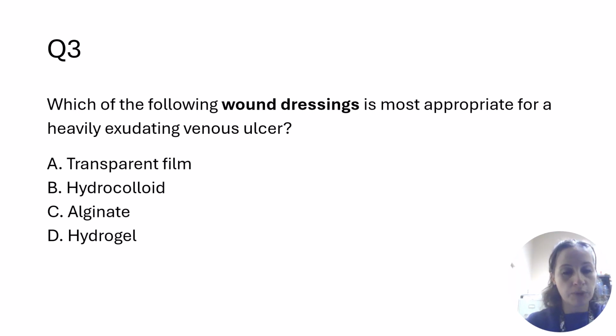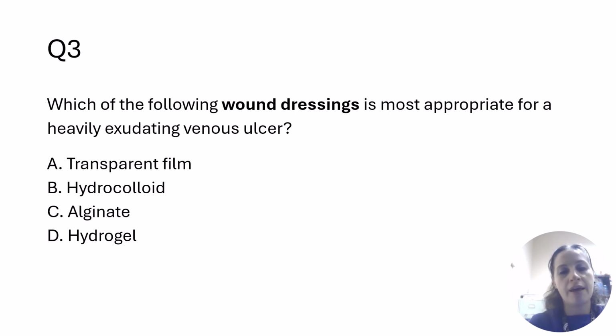For this one, anytime I see heavily exudating, I want to pick my most absorptive option when it comes to dressings, and that is always alginate. Okay, alginate out of all the options is the one that can take a whole lot of drainage.